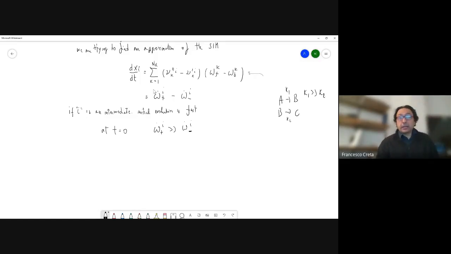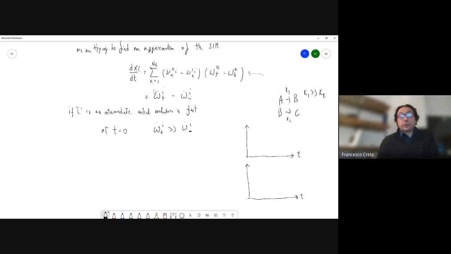Actually, we can try and understand this by just drawing an evolution in time. So suppose this is time, and we can also follow the magnitude in time of these terms, omega plus and omega minus, okay?